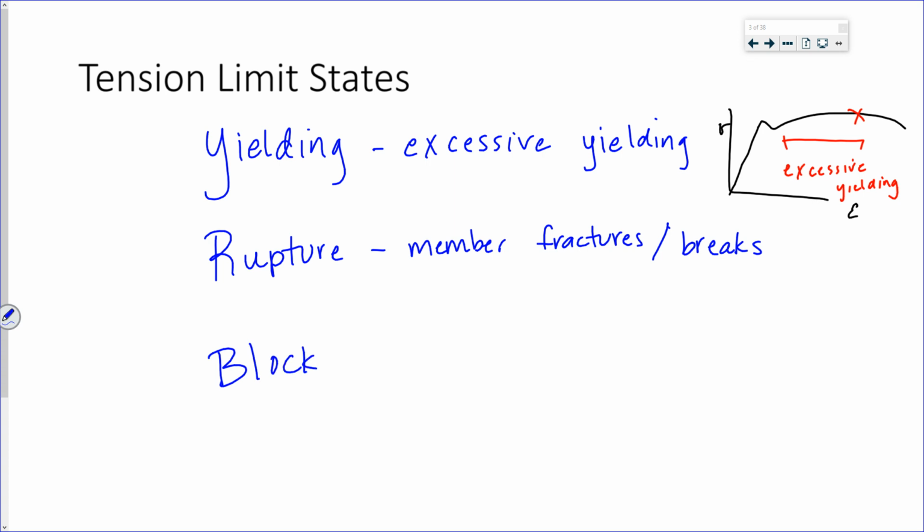It's called block shear, and it is a failure at a connection in tension.